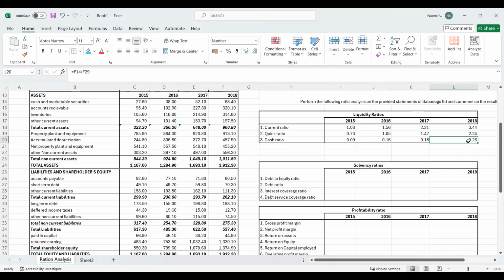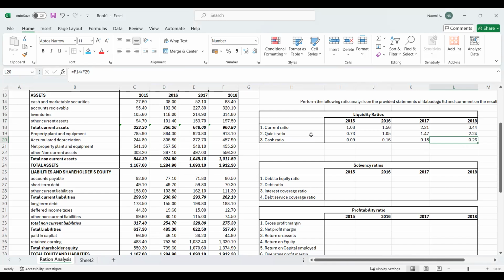So it implies that the organization is able to meet its short-term obligations without relying on the inventories and the other current assets. So yeah, that is under the liquidity ratio.